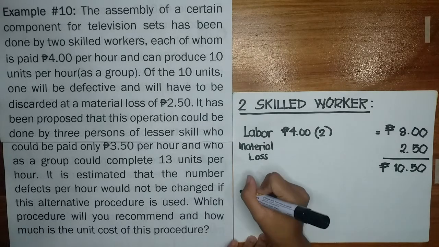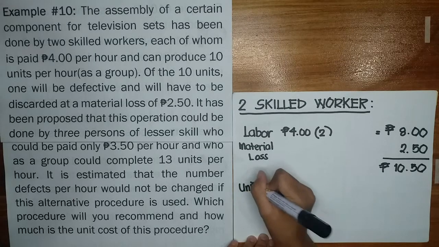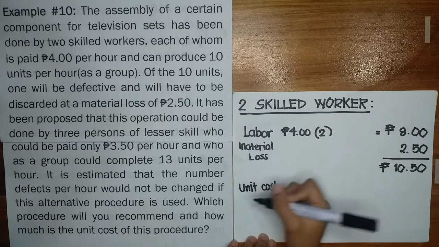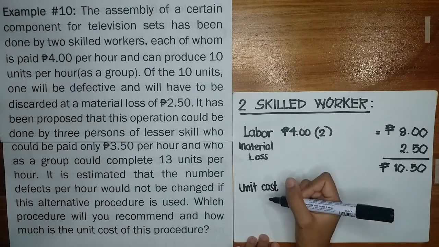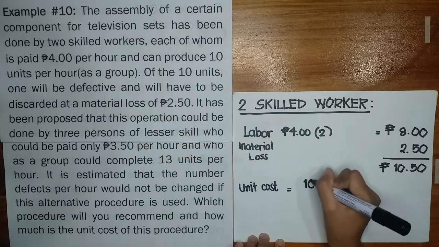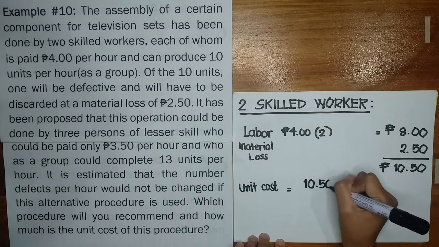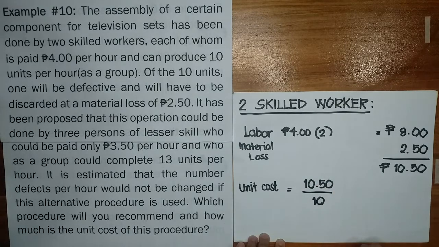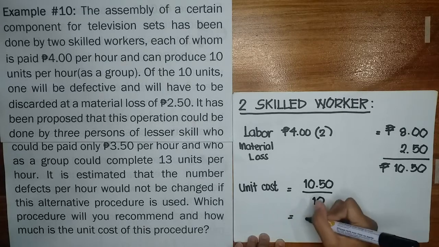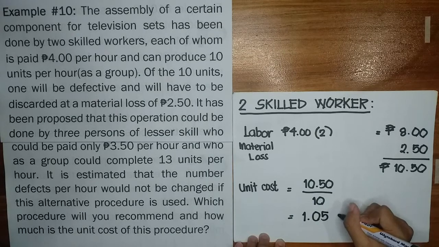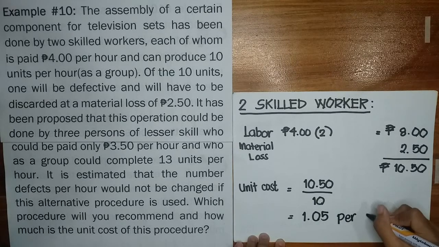So, unit cost, 10 pesos and 50 centavos divided by 10. And this is equal to 1 peso and 5 centavos per unit. So, this is per unit.